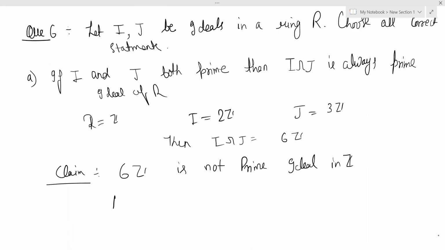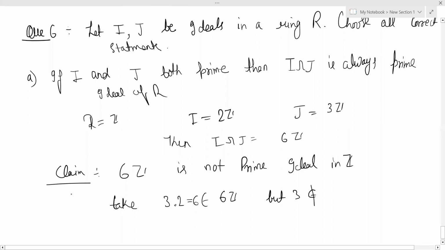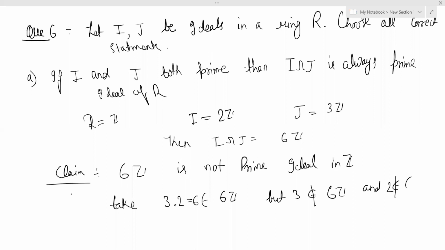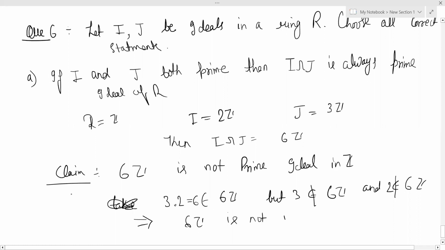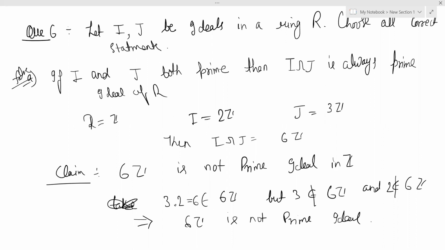Take 3·2 belongs to 6Z, that is 6 belongs to 6Z, but 3 does not belong to 6Z and 2 does not belong to 6Z. This implies 6Z is not a prime ideal. So the given statement is false, right? So this one is false. So next one.